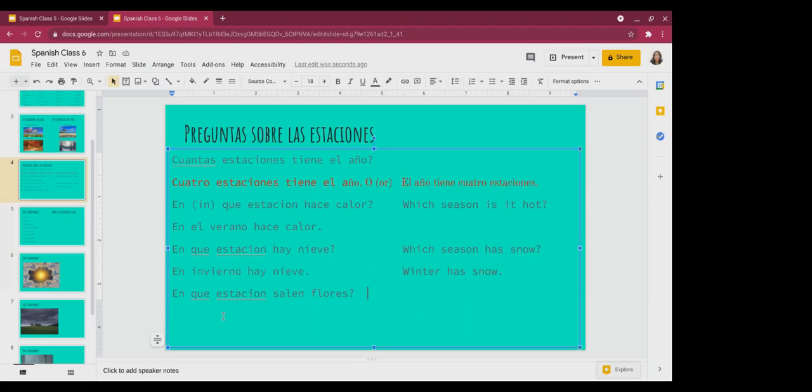Okay. So now the last question, Miss Ariana, was that you that was talking earlier? ¿En qué estación salen las flores? Okay. Verano. It says which season has the flowers? En verano. But okay.